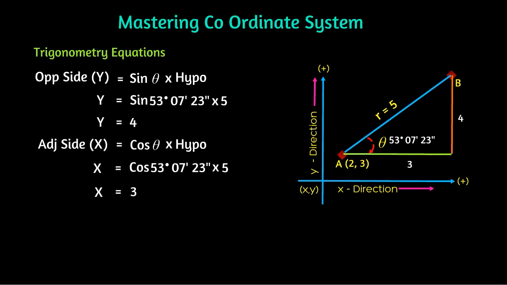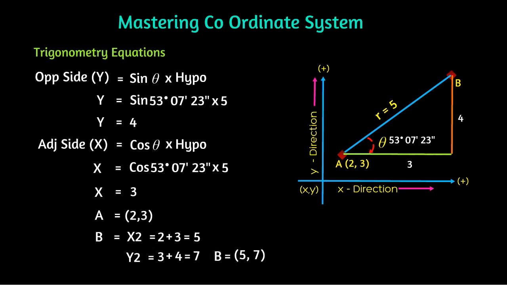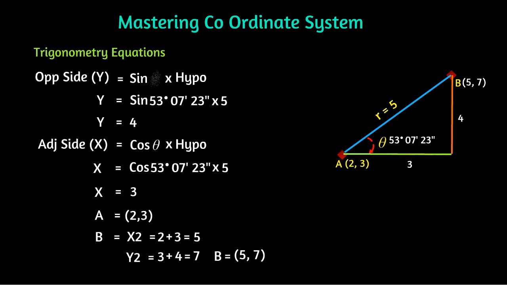The coordinates of point A equal (2, 3). The coordinates of point B: x2 equals 2 plus 3, that is 5, and y2 equals 3 plus 4, that is 7. Finally, the coordinates of point B equal (5, 7). Now that we understand coordinates, let's see how surveyors measure them in the real world.